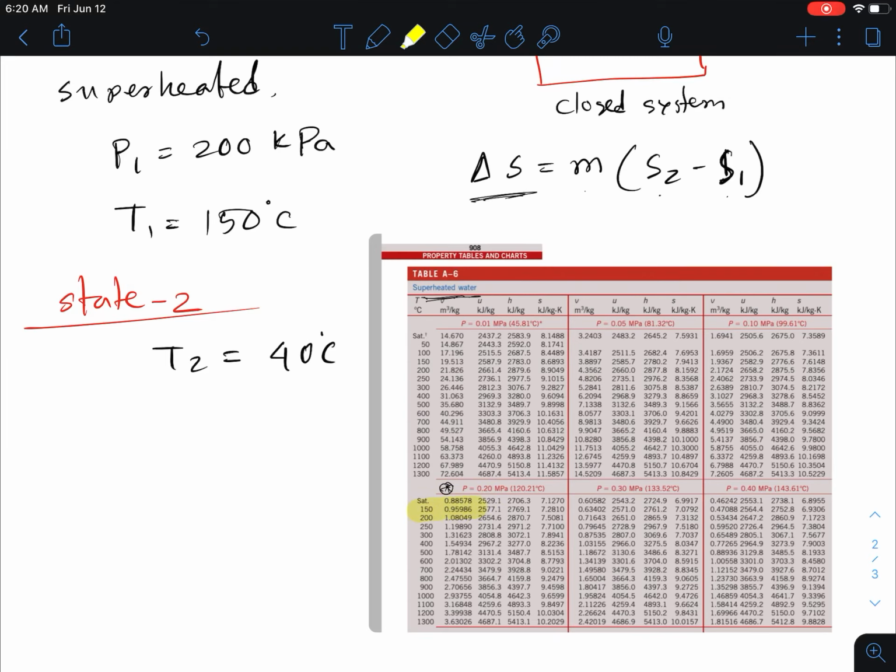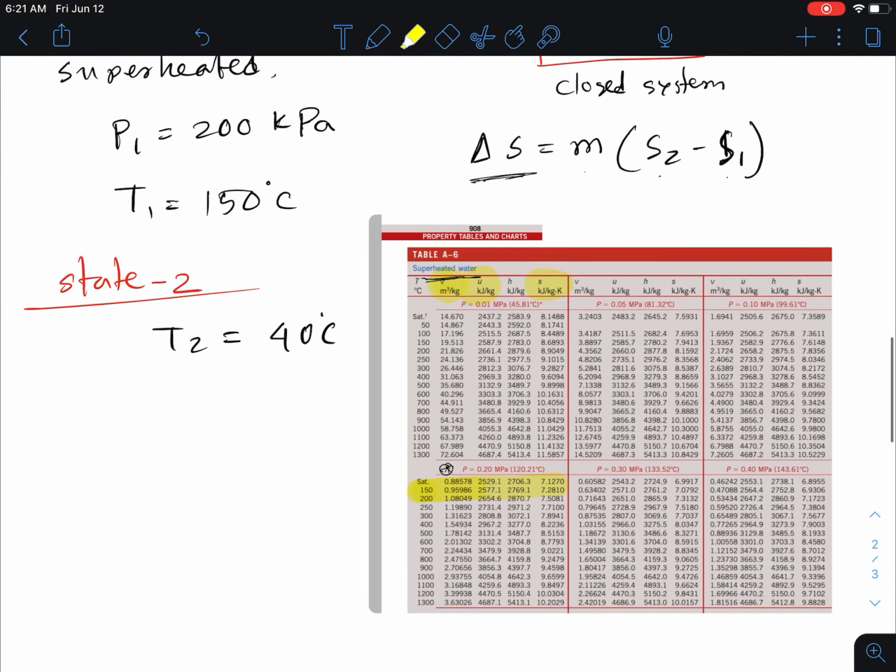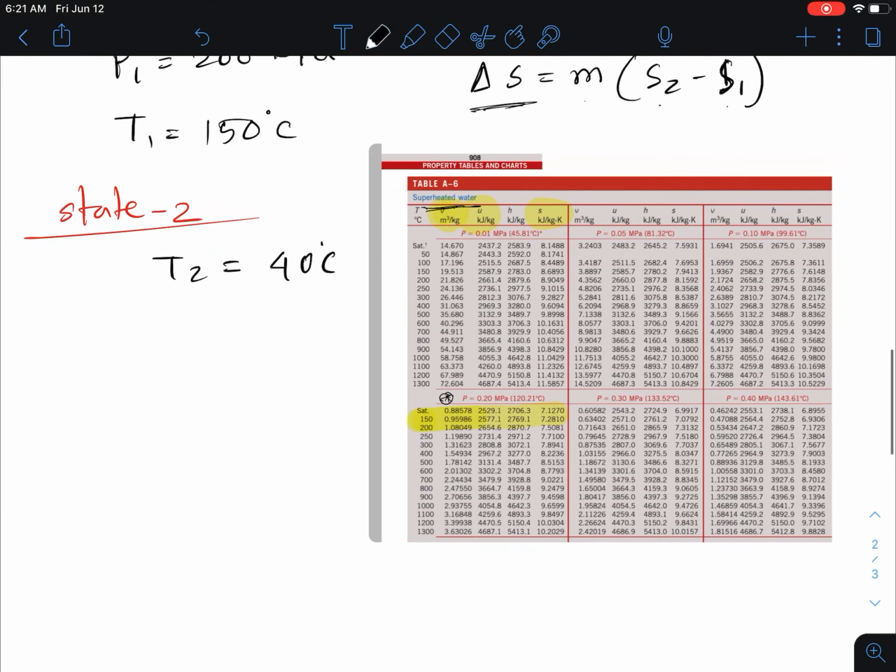So in this one we will get the entropy, we'll get the specific volume, and we also record the internal energy, right? So let's go ahead and grab all this information.